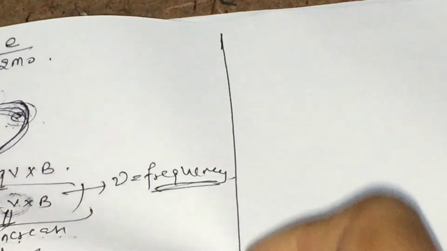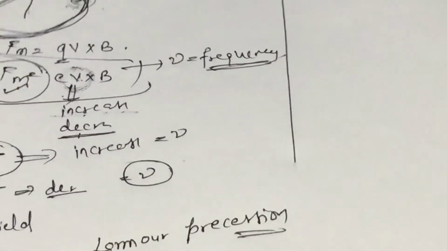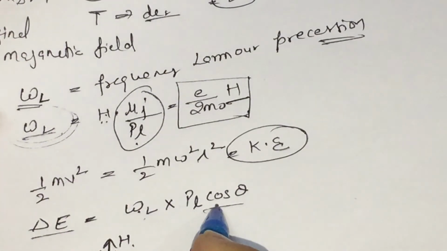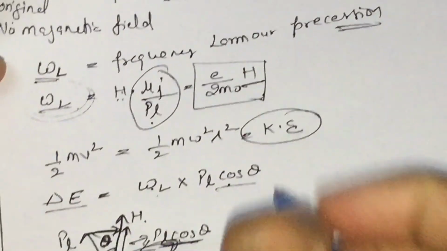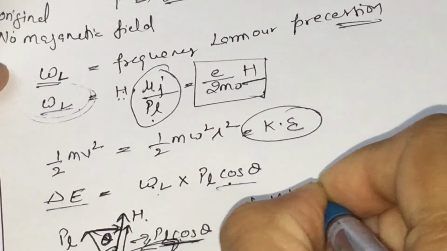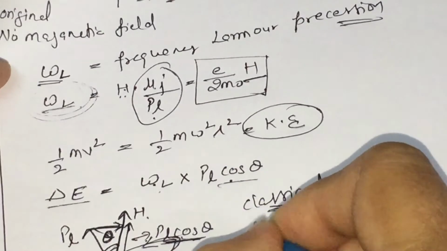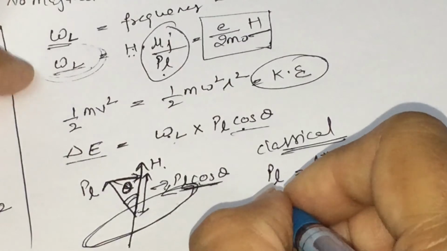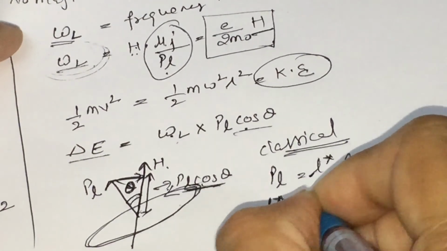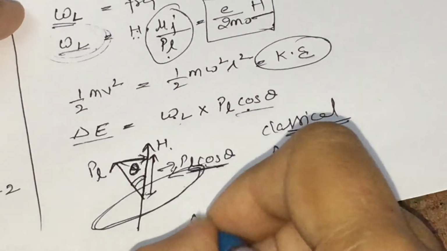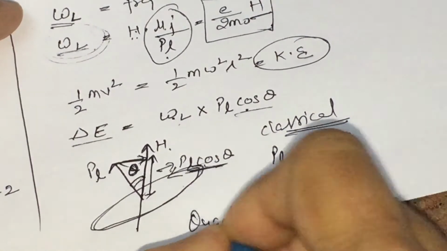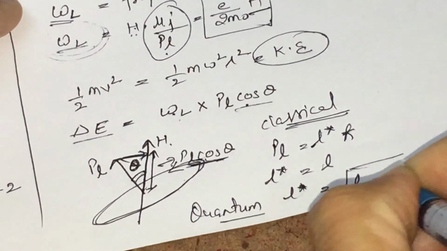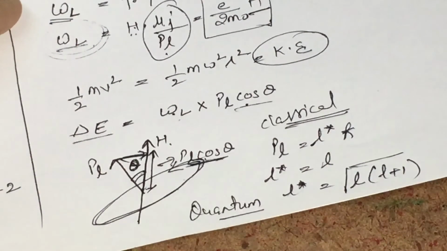Now let us consider. Now we will substitute the value of omega L and our mechanical angular momentum by classical assumptions. We very well know that PL is none other than L star H cross, and in case of classical mechanics L star is equal to L, and in case of quantum mechanics consideration we very well know that L star is equal to under root of L into L plus 1.